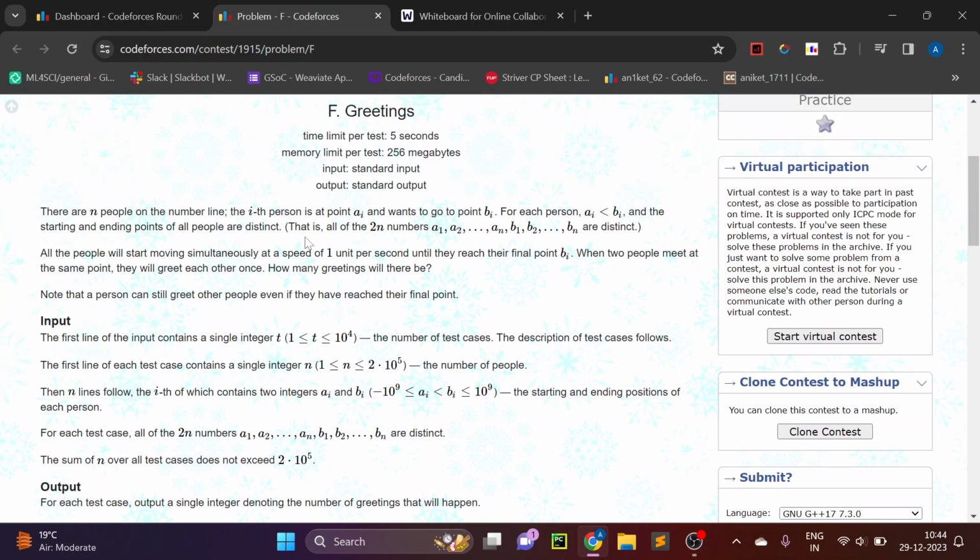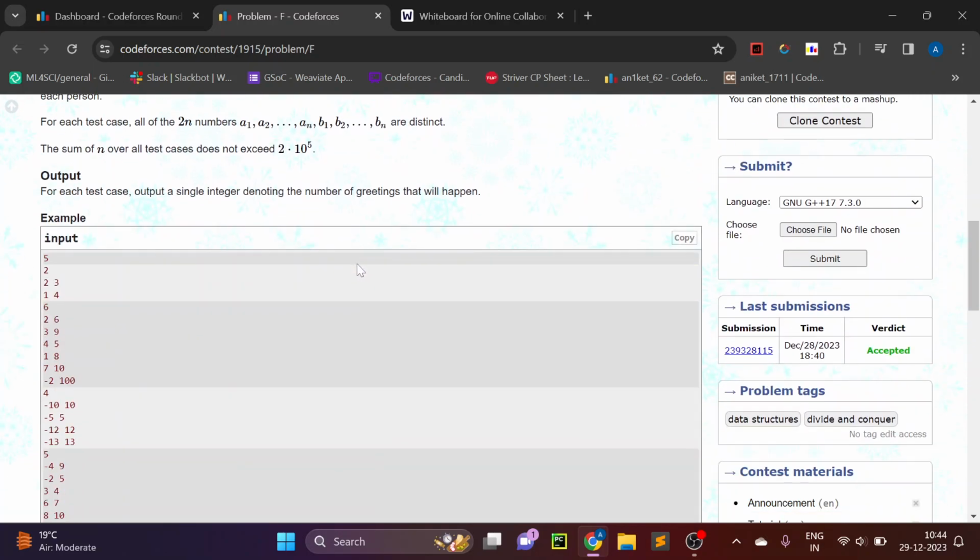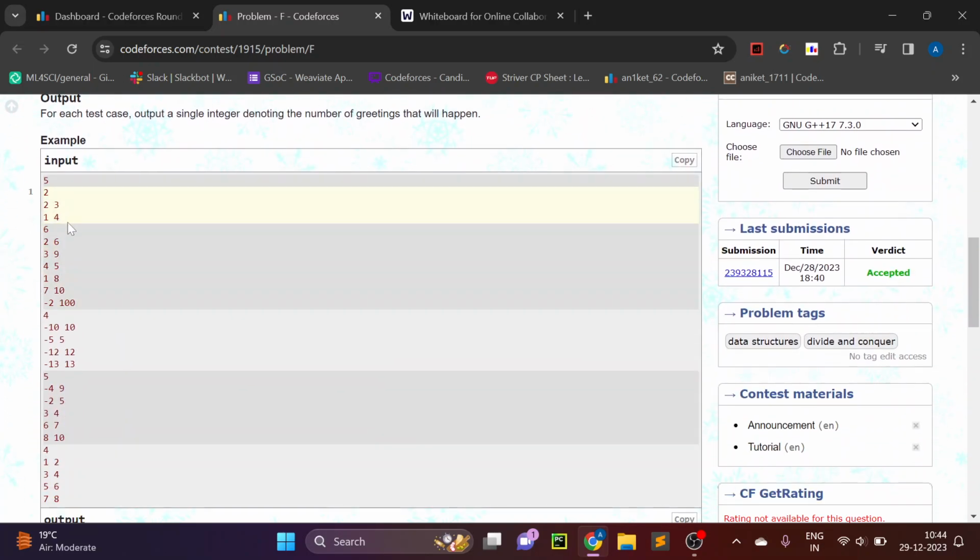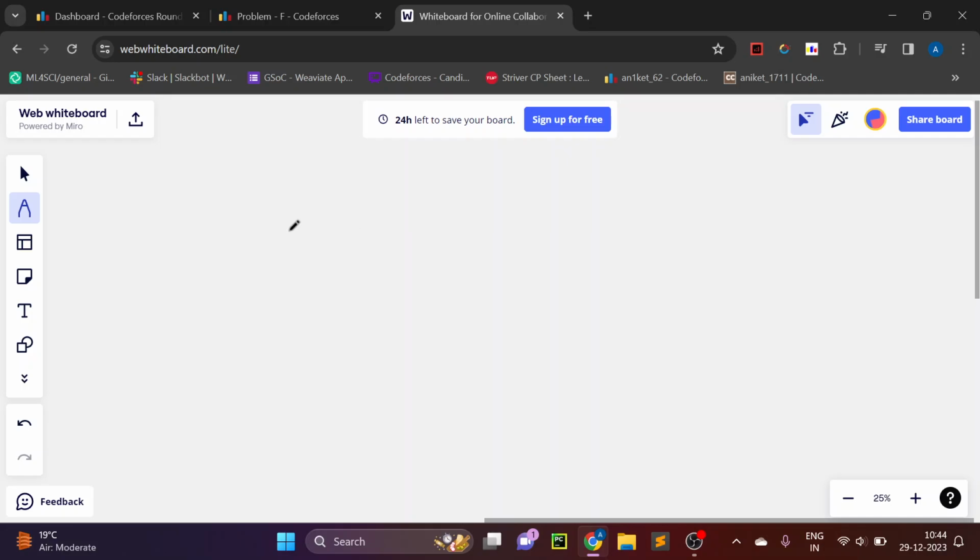We are also given that all the 2n numbers, meaning a1 a2 up to an and b1 b2 up to bn, are distinct. So let's see the first test case. We are given two pairs: 2 3 and 1 4.